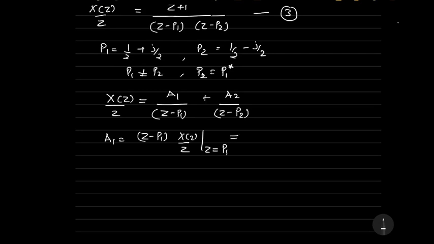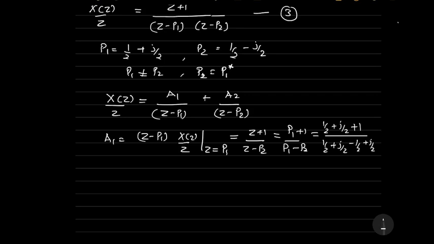We get (z + 1) upon (z - p2), setting z equals to p1: (p1 + 1) upon (p1 - p2). Substituting p1 and p2 values, we get (1/2 + j/2 + 1) divided by (1/2 + j/2 - 1/2 + j/2). The result we obtained is a1 equal to 1/2 - 3/2 j.